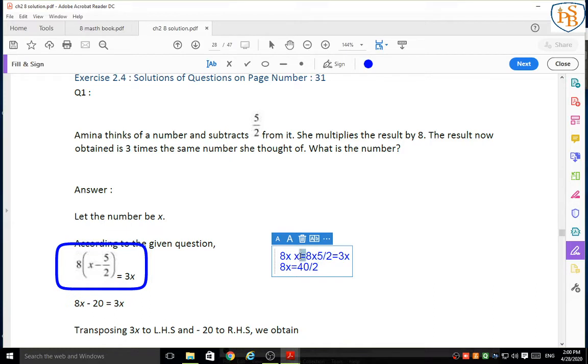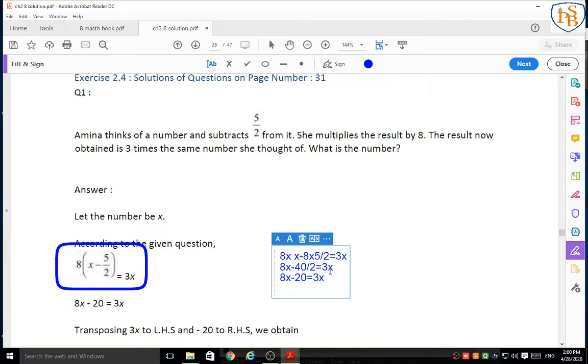Here it is a minus sign, not an equal to sign, is equal to 3x. So while solving this step I get 8x minus 20, since 2 twos are 40, so 8x minus 20 is equal to 3x.